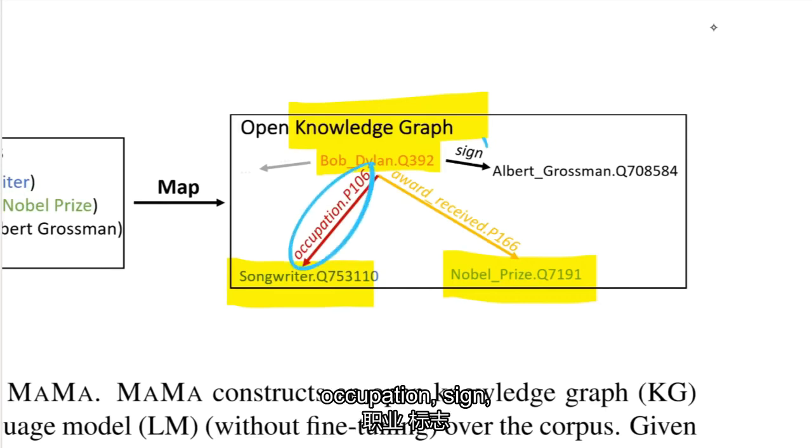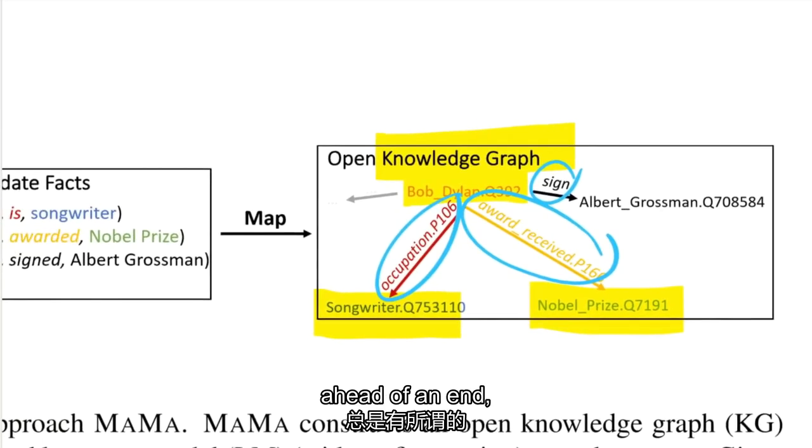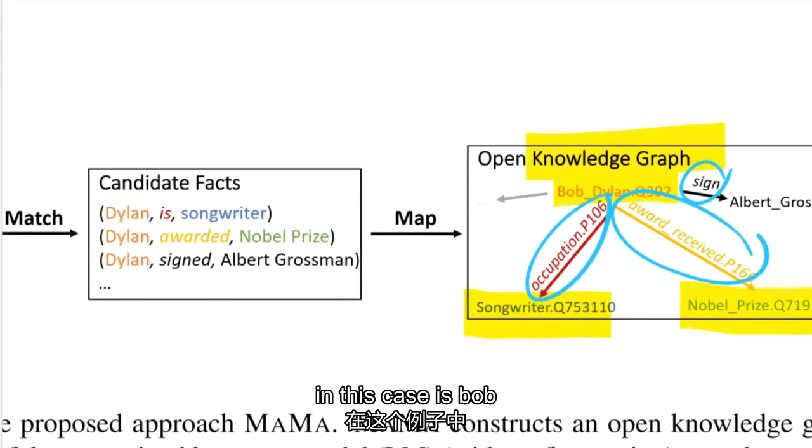Here, occupation, sign, award received, and so on. So the relations connect entities. There's always what's called a head of a triple, so a head of a fact, which in this case is Bob Dylan three times. Then there is a tail, which is sort of like the object of the verb, and then there is the relation, which is described by the verb.